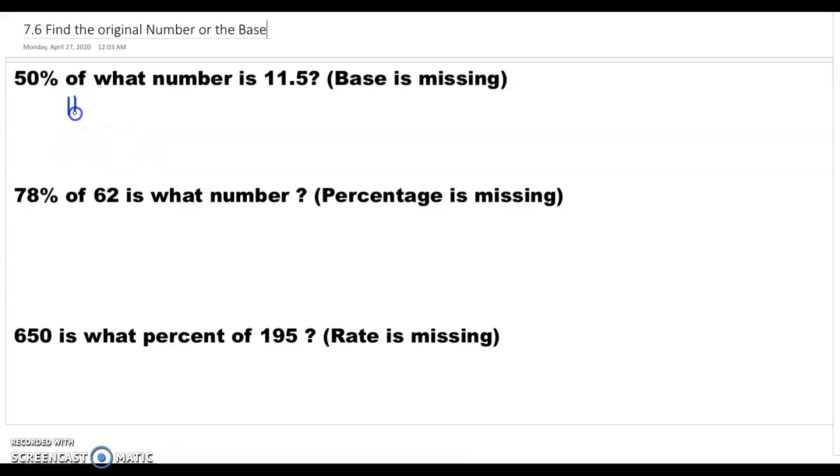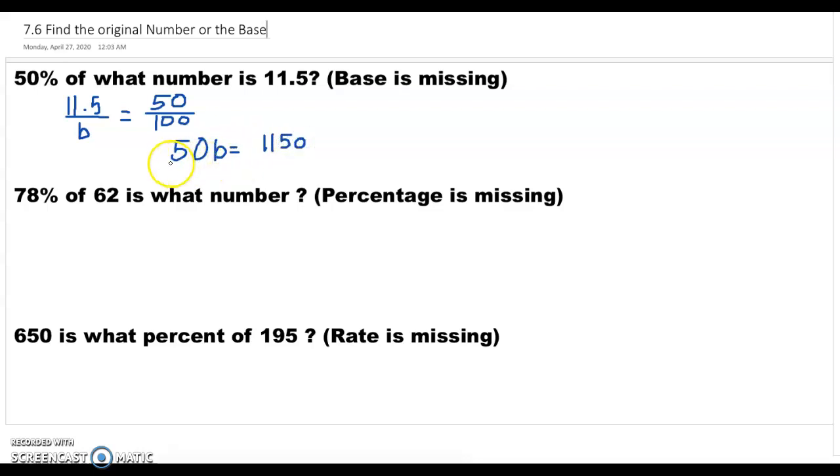So you have 11.5 over B for the base equals 50% over 100. Then we're going to cross multiply, which will give us 50B equals 1150.